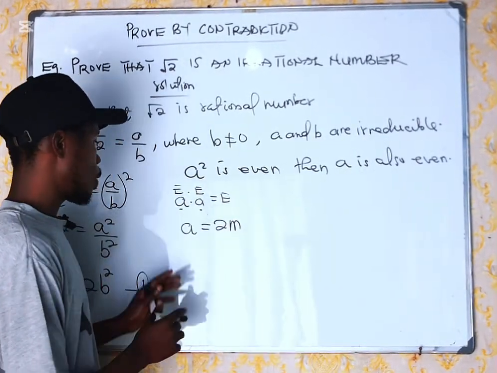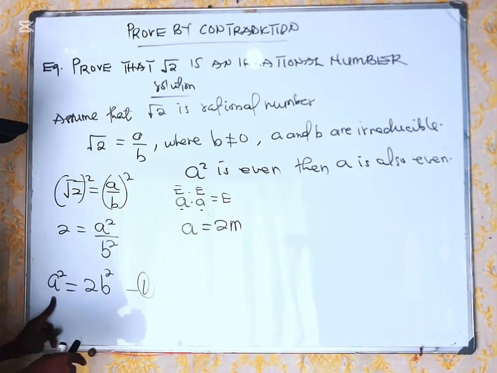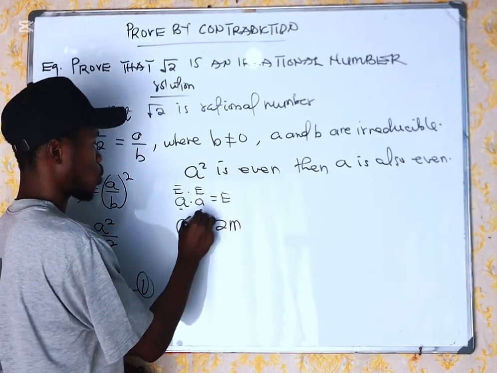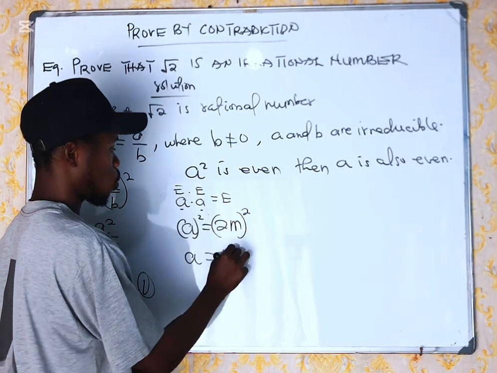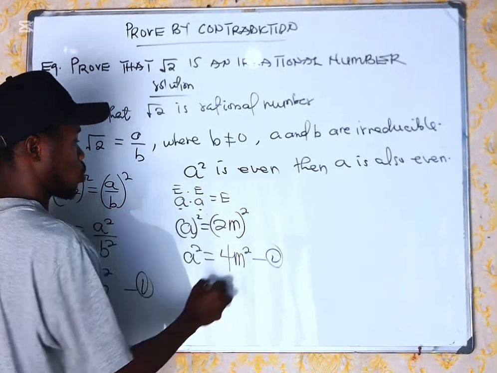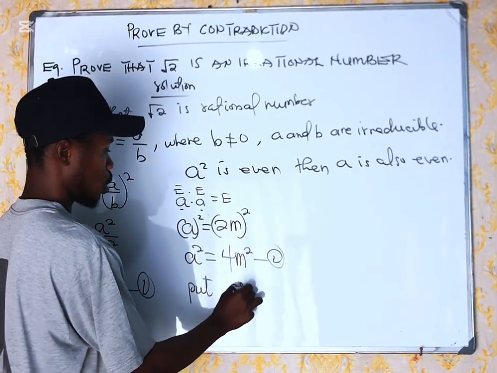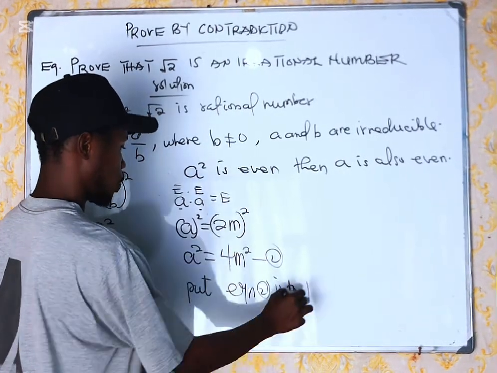All right. If that is the case, because I want to substitute a here, but here is a squared, so I have to square both sides to get the a squared. So if I square here, then I'll square here. I have a squared to be 4m squared. Let's name this one equation 2. So you put equation 2 into 1.